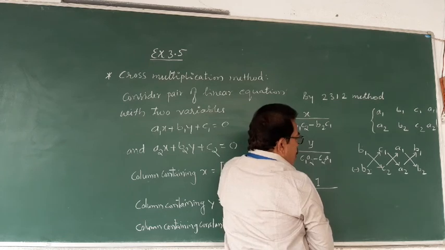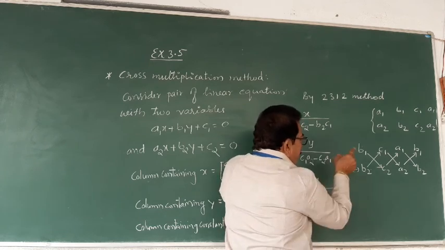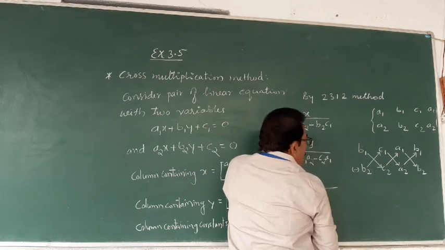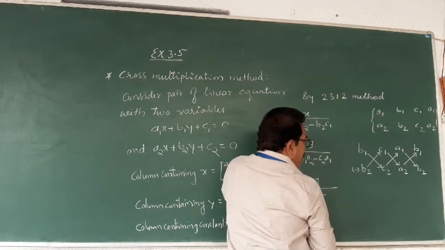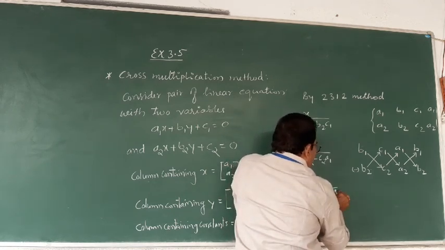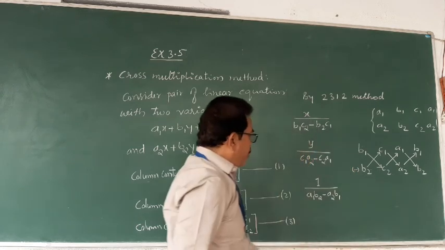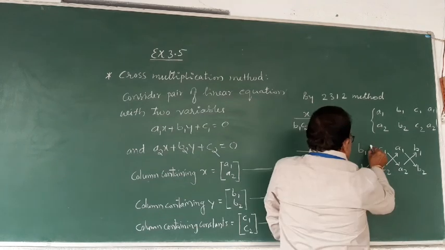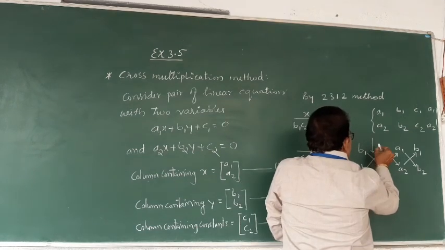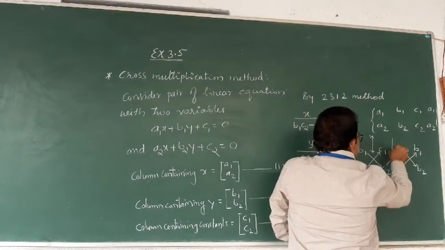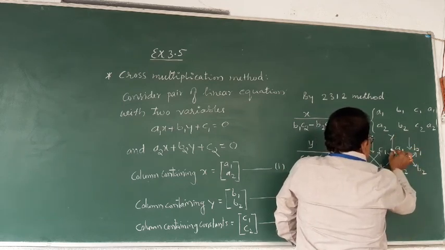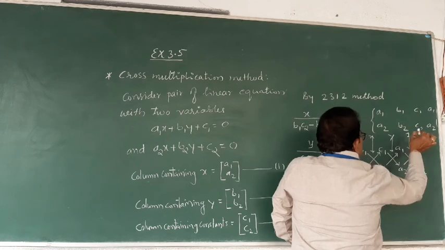So what you have to do: a1 b2 minus a2 b1. How have we obtained this? This represents x, this represents y, this represents the constant.